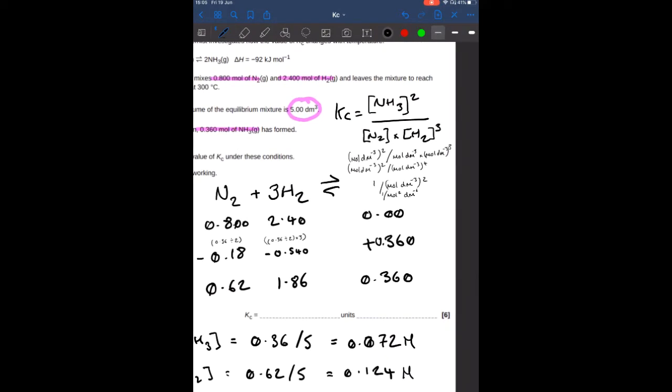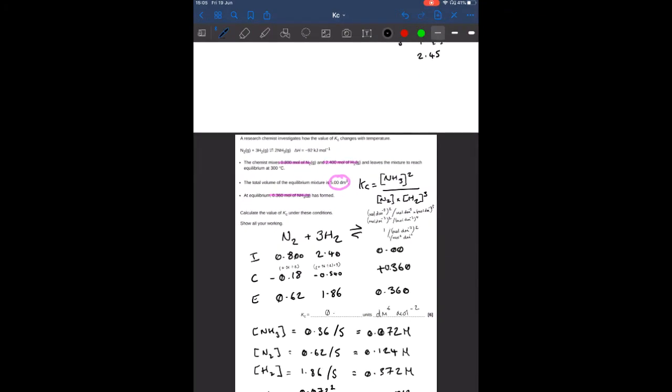Then convert that: dm to the 6 moles to the minus 2, 0.812 to give us our answer.